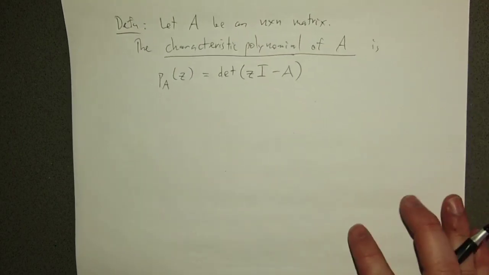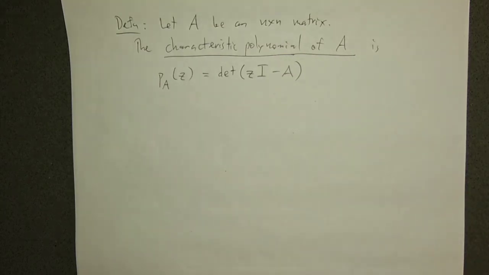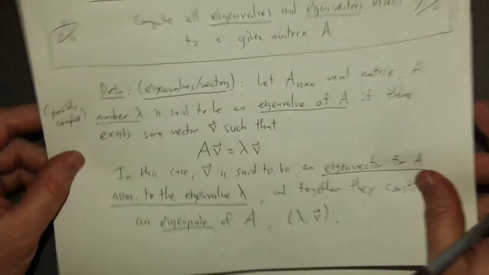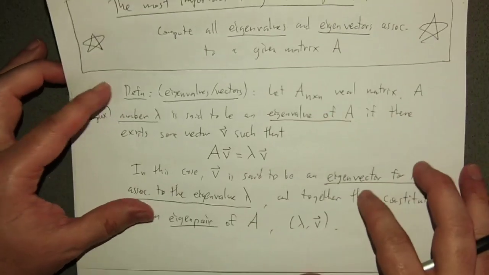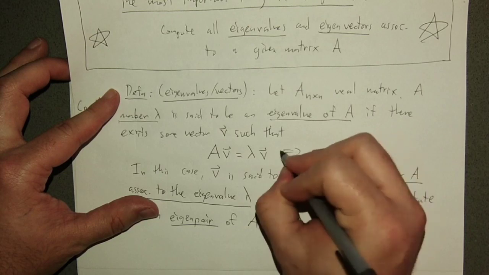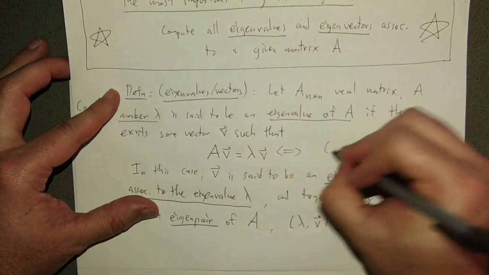Maybe I should very quickly talk about this. So if I go back to this equation here, Av equals lambda v, I can rewrite this as an equivalent equation.